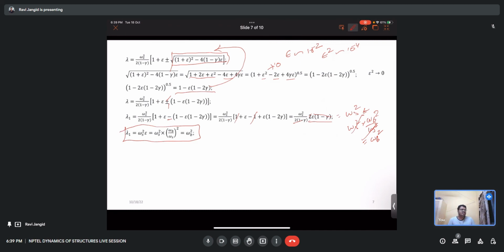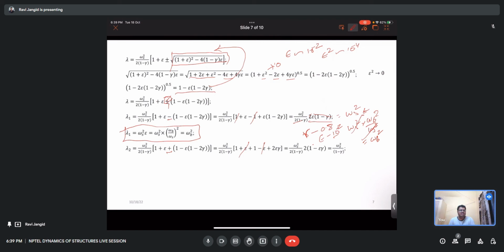Now in the next part we are considering the plus side. If I consider it as a plus and open the whole equation, the ε will cancel out each other, and that will become 2 into (1 − ε). Here γ is approximately around 1 or 0.8 something, and ε is 10 raised to power minus 2, which compared to this one is a very negligible quantity.